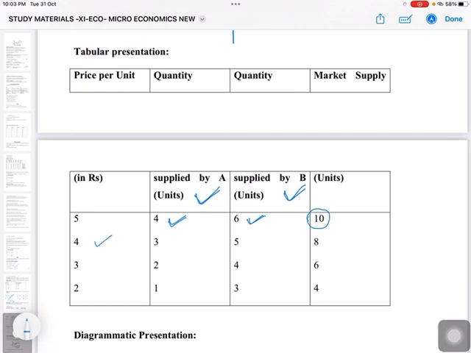Similarly 4 rupees में A was supplying 3 unit, B was supplying 5 unit. दोनों को प्लस करो 8 unit. 8 unit is called as market supply.